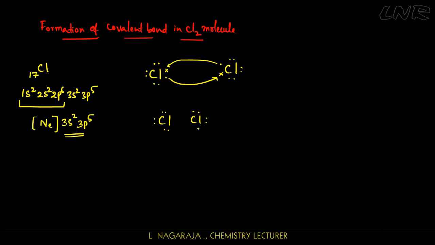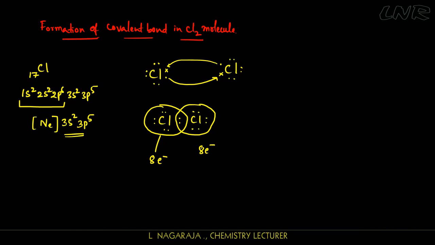Cl, Cl. So one electron from one chlorine and one electron from the other chlorine. So finally this chlorine atom also contains 8 electrons, and this chlorine also contains 8 electrons, right? By mutual sharing of valence electrons, the shared electrons are an equal number of electrons.